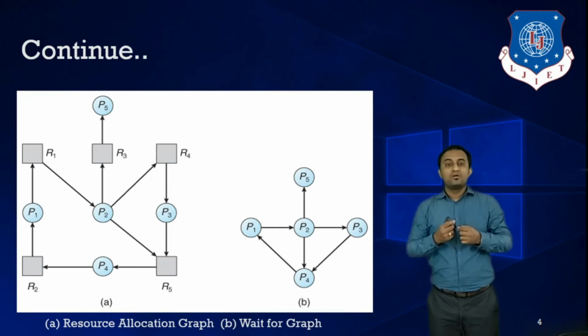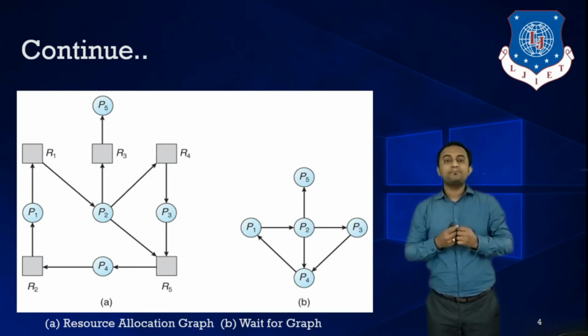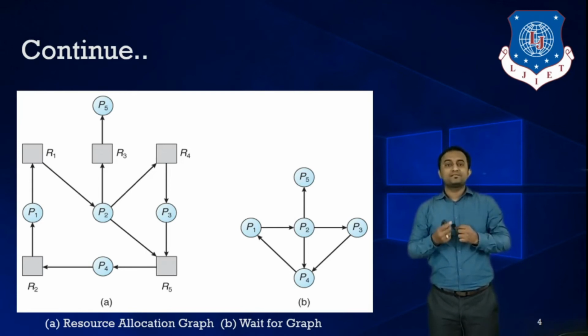Yes, so let us discuss: process P2 is requesting resource R3, but R3 is already acquired by process P5. P1 is waiting for something, P2 is waiting for something.